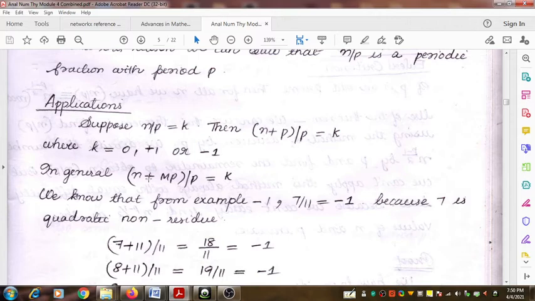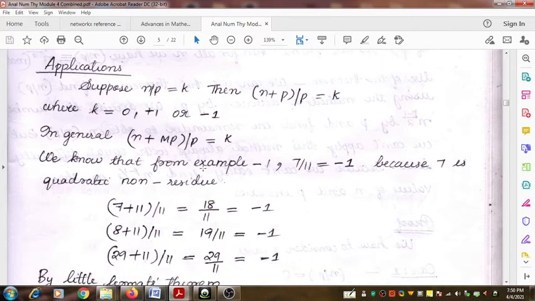Generalizing this, (n + m times p) over p, where m times p is the mth multiple of p added to n, gives the same value k.